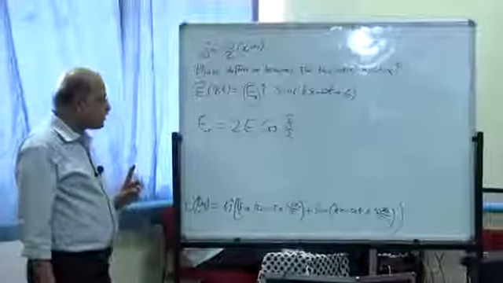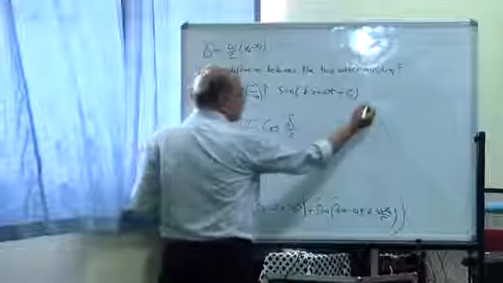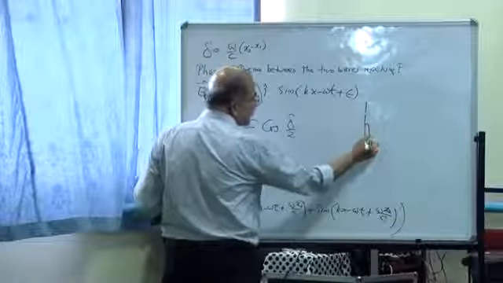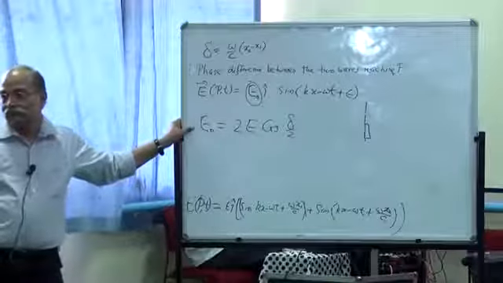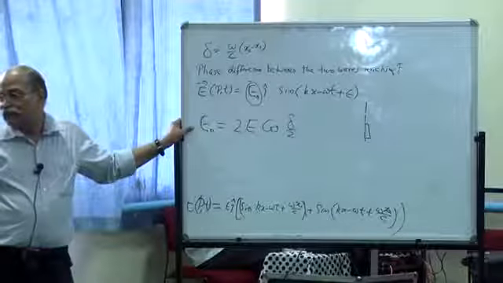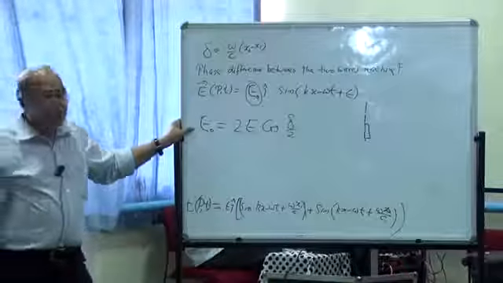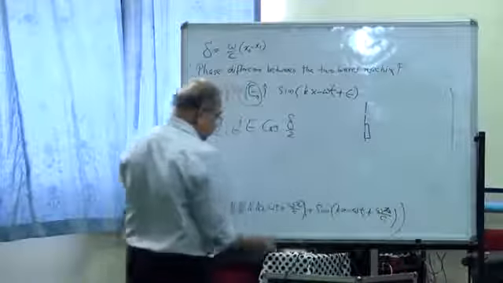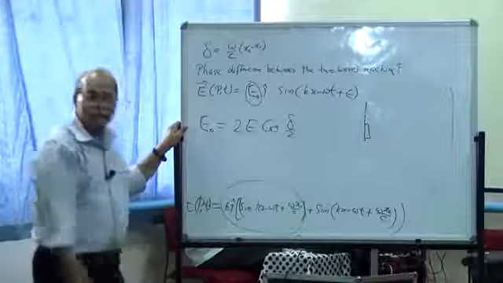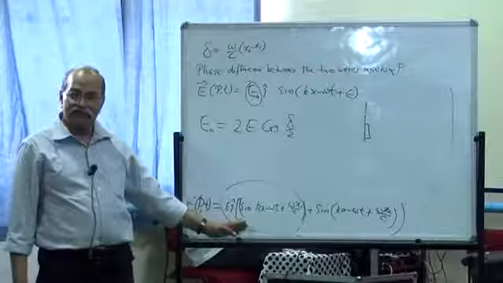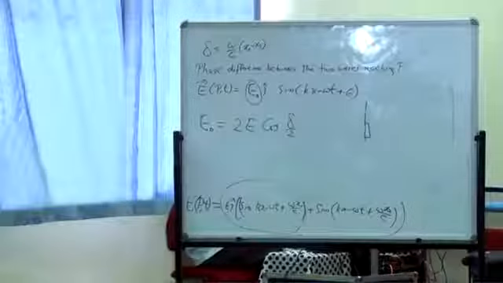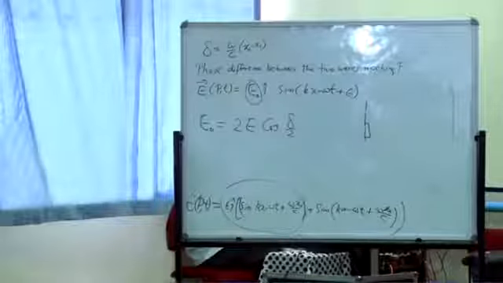And hence, if I talk of intensities, suppose I block one of the slits. Then there is no question of adding. It's coming only from one slit, and that is just one part of it. This is your final electric field. So the amplitude is E. Now intensity is proportional to the square of the amplitude. How much is the amplitude when one slit is open? It is E. How much is the amplitude when both the slits are open?